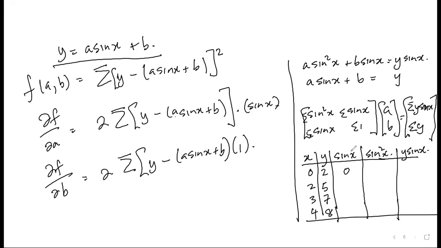So sine of 2 is 0.909, sine of 3 is 0.141, sine of 4 is minus 0.756.